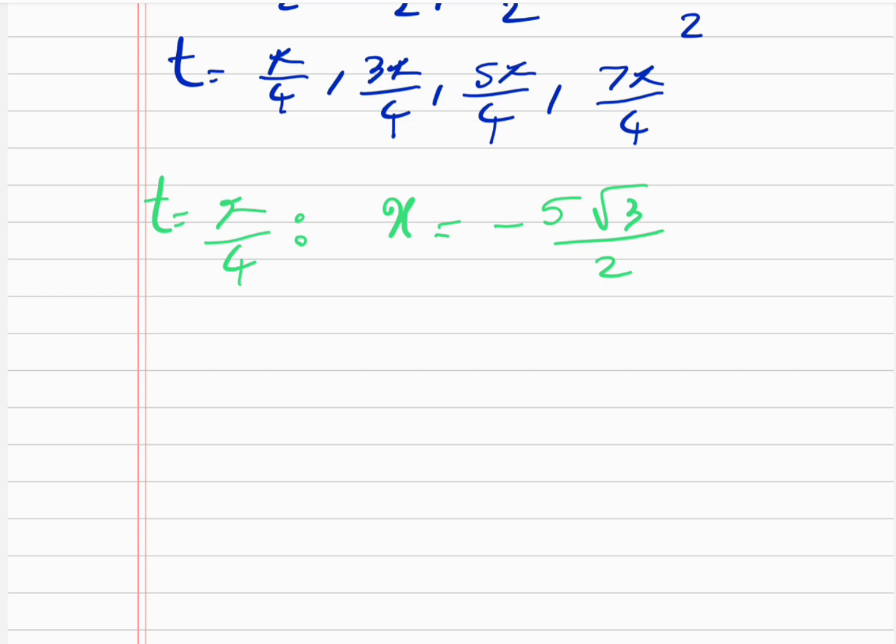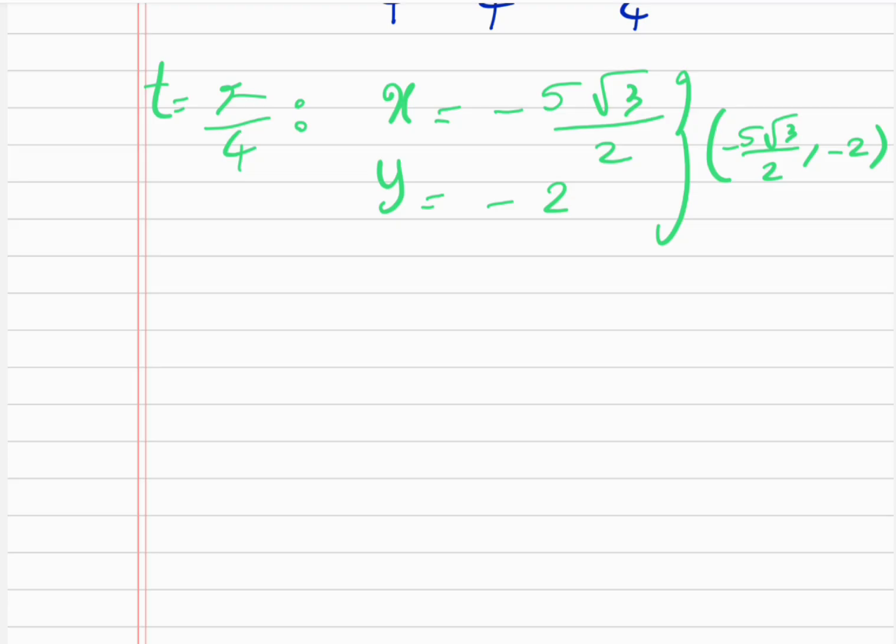Now let's find the y coordinate when t is equal to pi over 4, and the y coordinate is going to be just minus 2. These are all just calculator work, so I'm just writing down the solutions. So one of the stationary points is minus 5 root 3 over 2 and then minus 2.